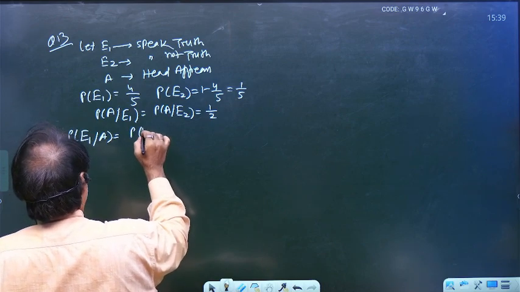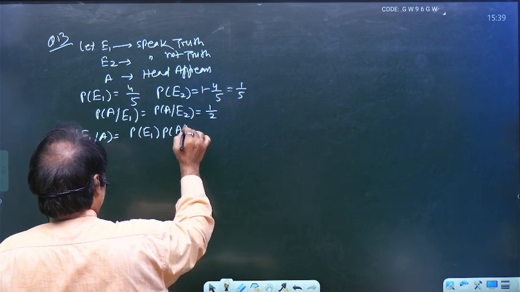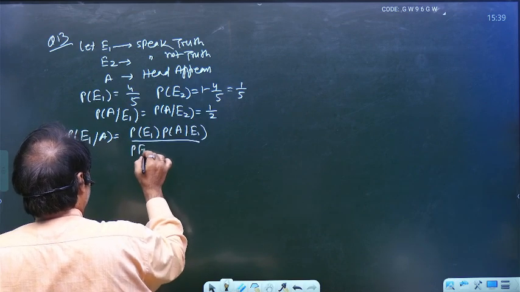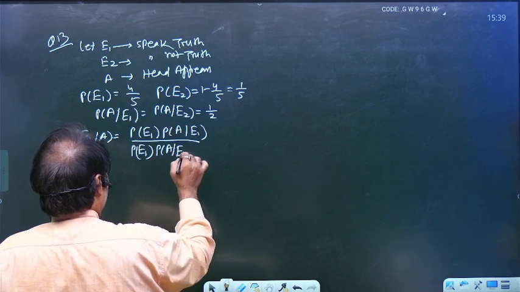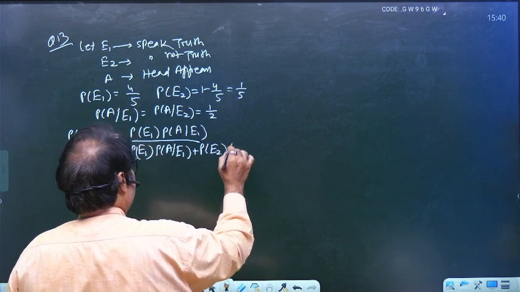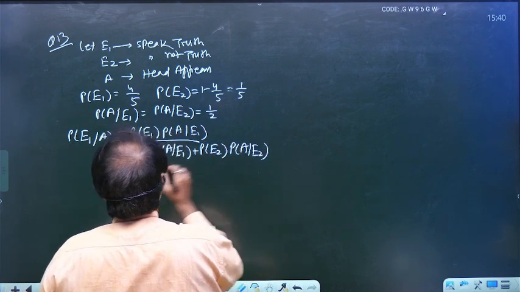So probability of E1 into probability of A by E1 upon probability of E1 into probability of A by E1 and probability of E2 into probability of A by E2, and put all the values.